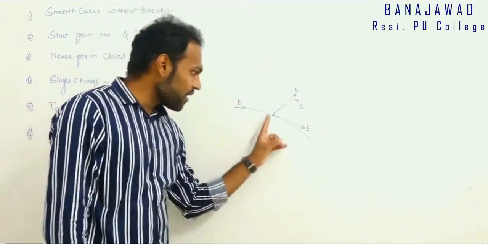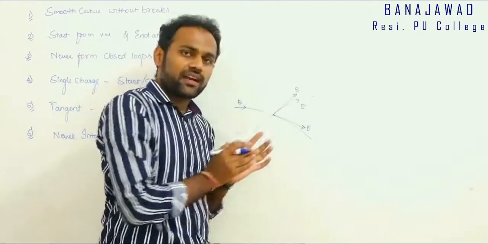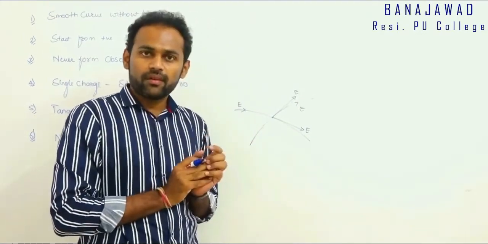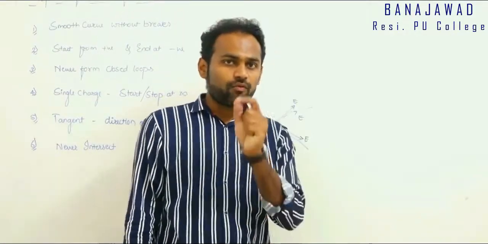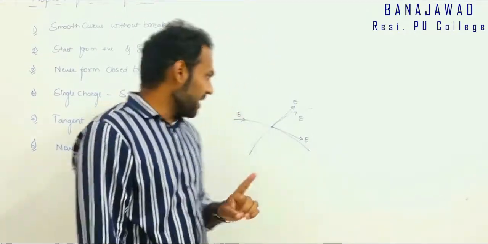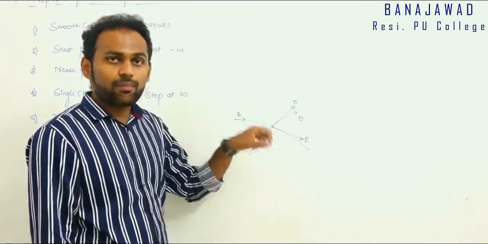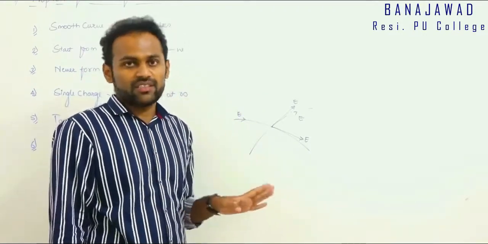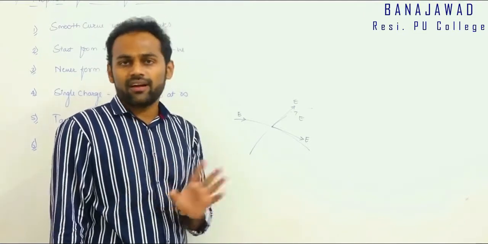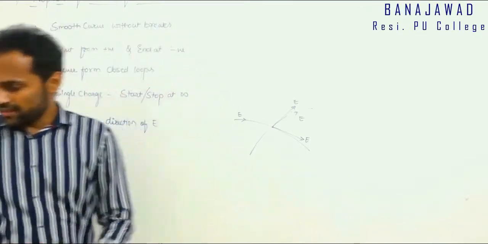At the same point the electric field would have two different directions. It is not possible. There will be only one unique direction for electric field at one point. That's why if the electric field lines intersect at a single point, the direction of the electric field will not remain unique. Because of this reason, the electric field lines will never intersect. Okay, this is the sixth property.